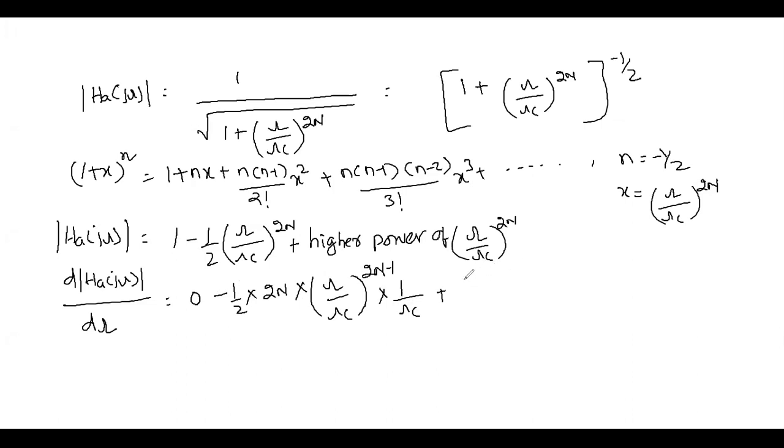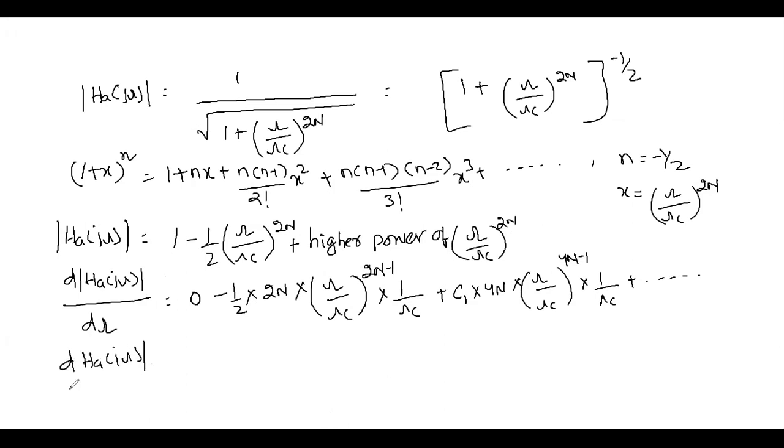We will get some constant, like c0 or c1, multiplied by the next term, which is 4n multiplied by omega by omega c to the power 4n minus 1, multiplied by 1 by omega c. Like this we will get.